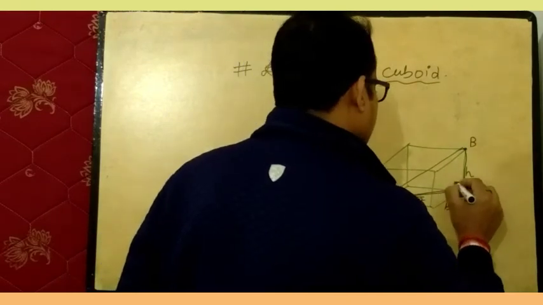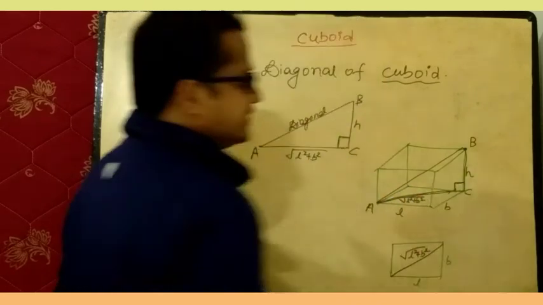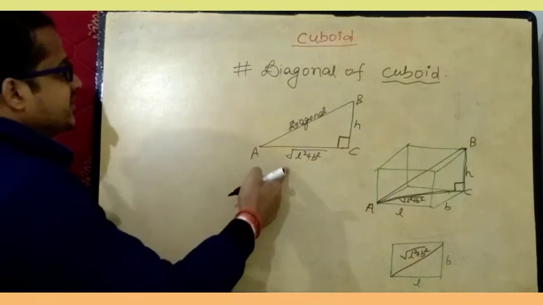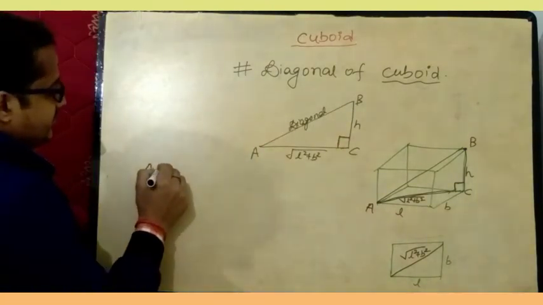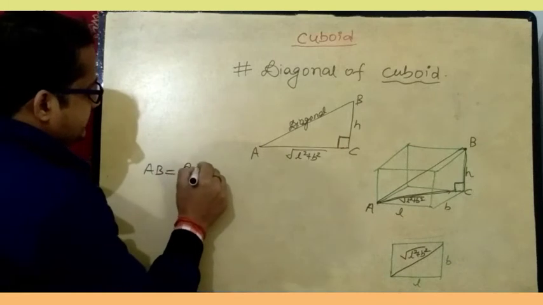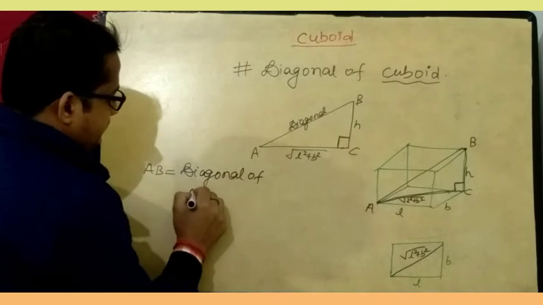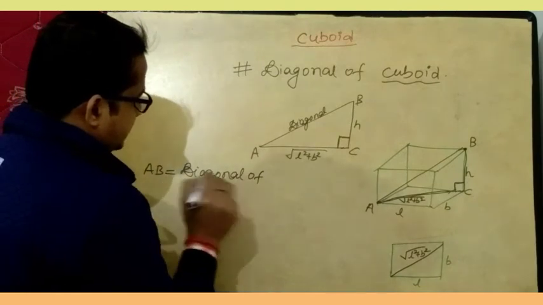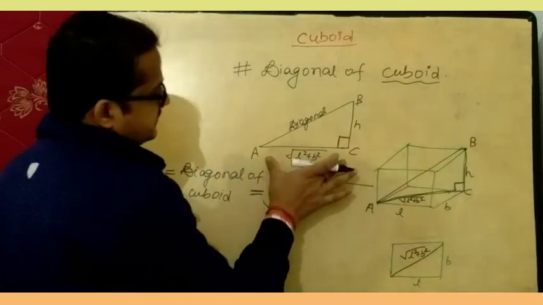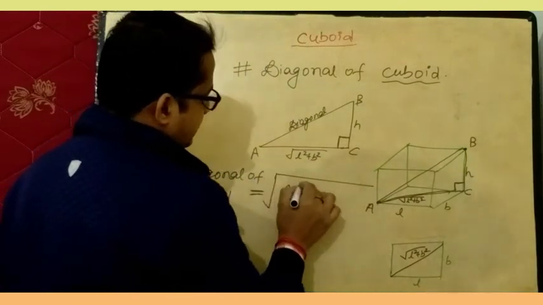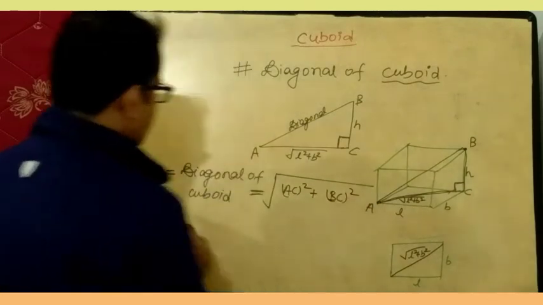So these two line segments are intersecting each other at 90 degrees. Now in order to calculate the length AB, and this AB is the diagonal of this cuboid, this is root over AC square add up BC square.